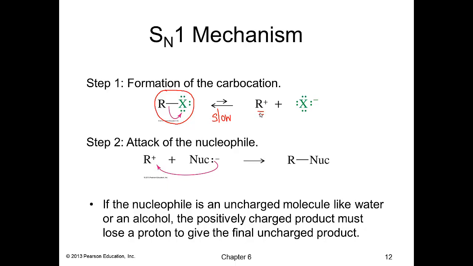There is actually a part to play by the nucleophile. If you can imagine with me, the outermost shell or the outermost structure of RX is the electron cloud.